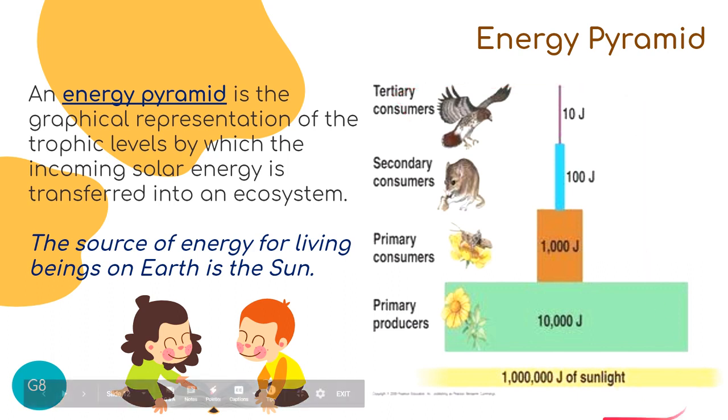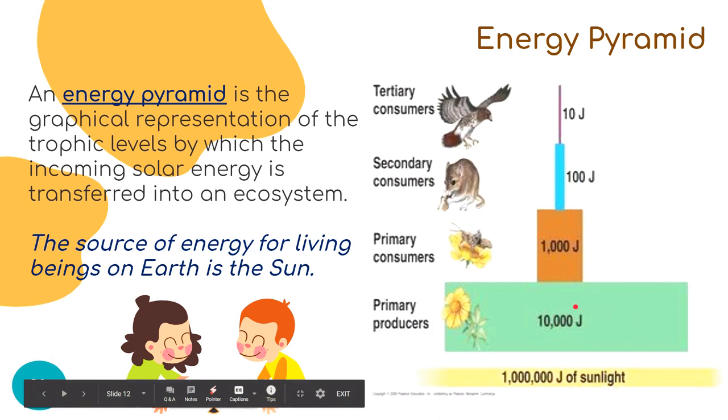So this graphical representation of the energy pyramid gives us an accurate value. For example, if we start out with 1 million joules, joules being a unit of energy in physics, 1,000 joules of sunlight, the primary producers will be able to store only 10,000 of that energy.